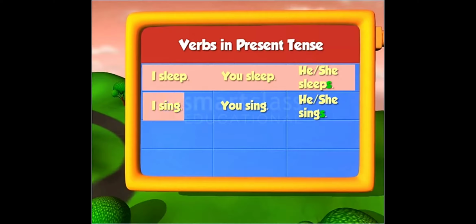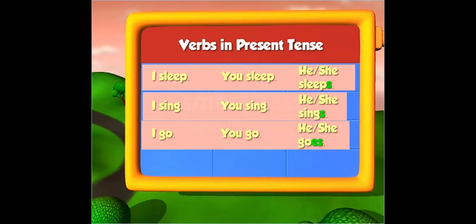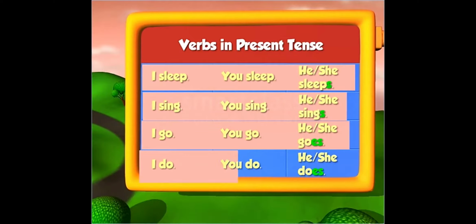I sing. You sing. He or she sings. I go. You go. He or she goes. I do. You do. He or she does.